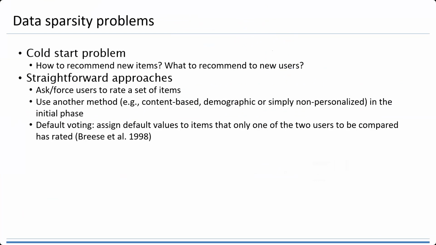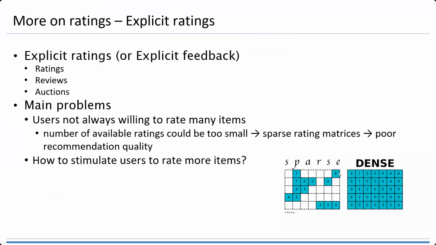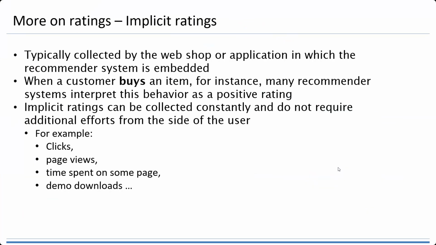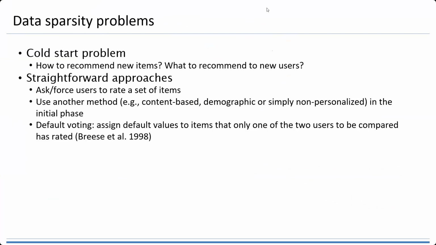When we deal with ratings, there is a problem about data sparsity. Data sparsity means sparse: we do not have ratings on some items. There's another issue we call the cold start problem.